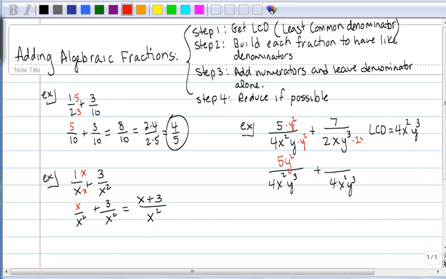And then for the x, we need to multiply one more x to get an x squared. The y cubed we're already good with, so that would be a 14x. So that is step 2, building each fraction to have like denominators. Step 3, we're now going to add the numerators and leave the denominator alone. Again, these are not like terms, so we just leave it, and that would be the answer.